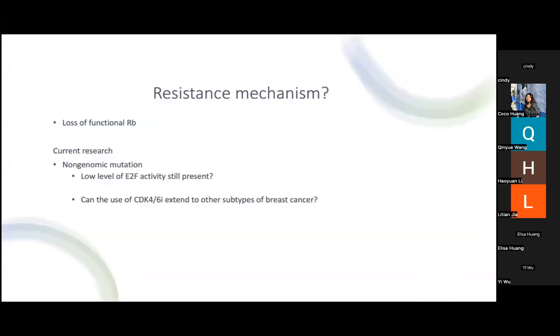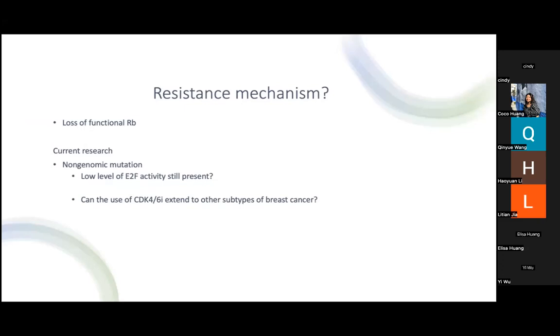What I want to talk about mainly is the resistance mechanism of CDK4/6 inhibitors. For ER positive, the hormone positive breast cancer, the main treatment so far is ET, which is endocrine therapy targeting the hormone part of the breast cancer, together with a CDK4/6 inhibitor.